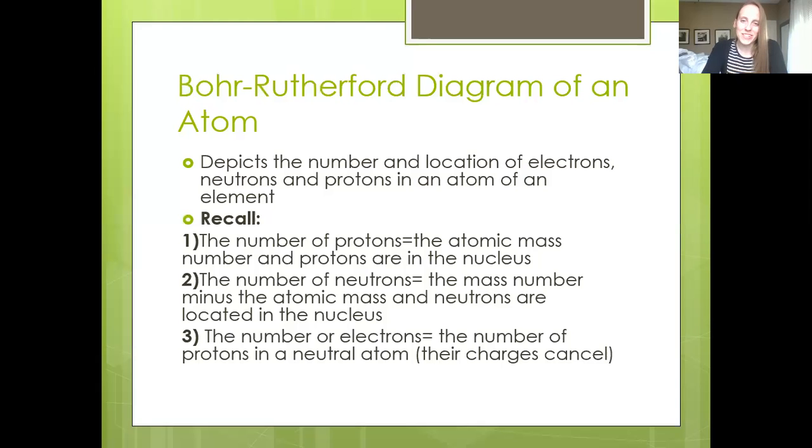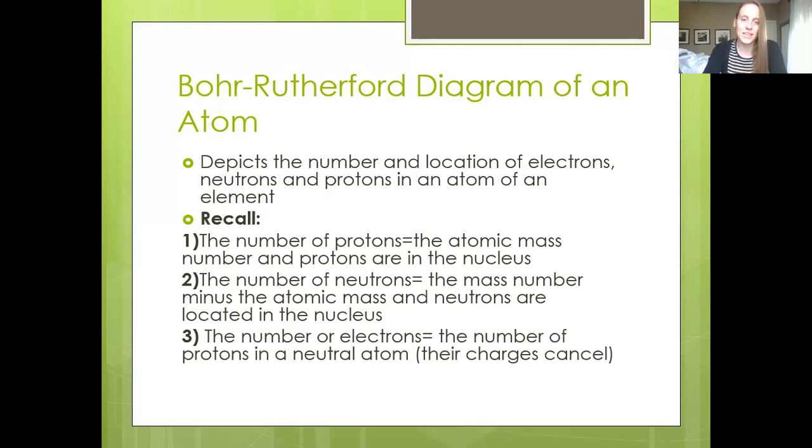Okay, so a Bohr-Rutherford diagram is most important for its depiction of where electrons are. It does also show the number of protons and neutrons in the nucleus. Just a reminder, in order to draw these diagrams, you will have to be able to determine how many protons, neutrons, and electrons the atom has. The protons is just the atomic number.